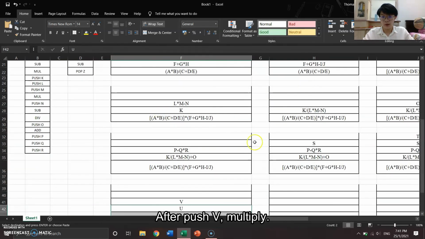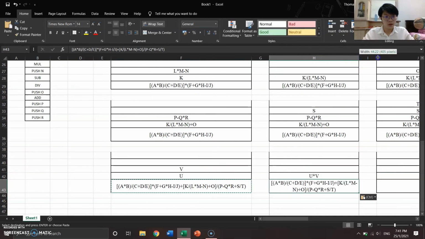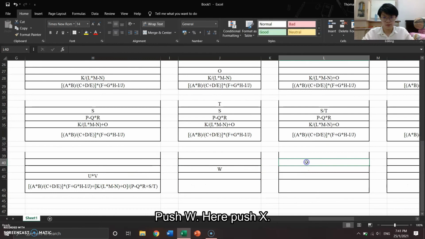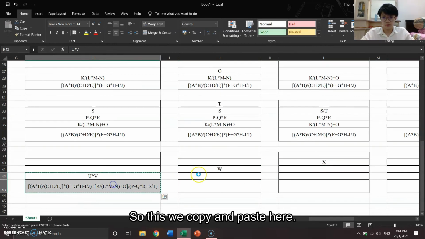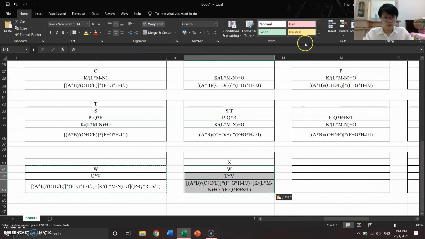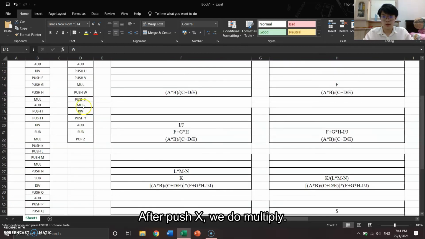After push V, multiply. That means U multiply V. Then we push W and push X. Push W, here push X. So this we copy and paste here. After push X, we do multiply.